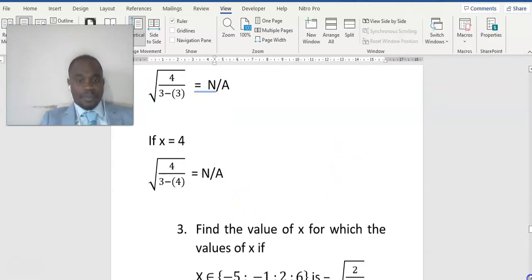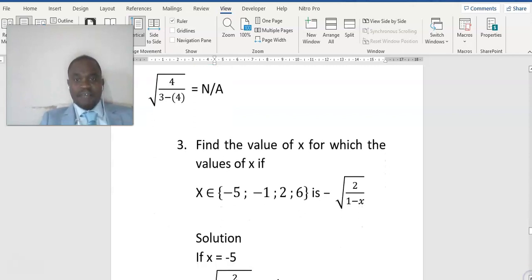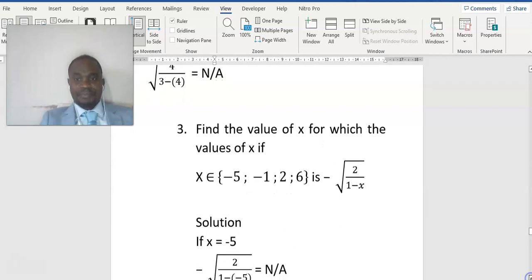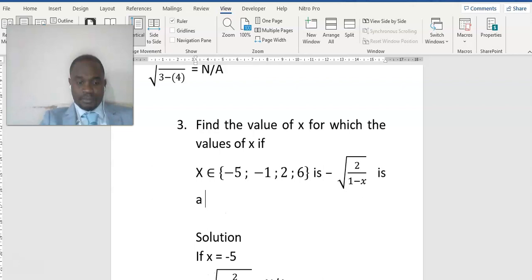Okay, the next one, find the value of x for which this one is a rational number.